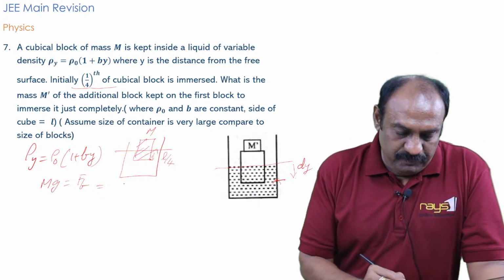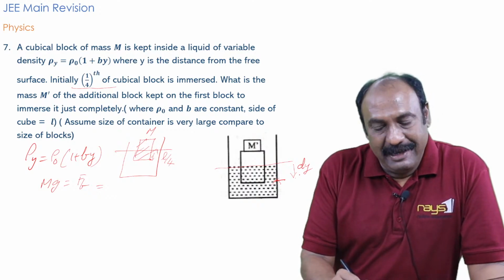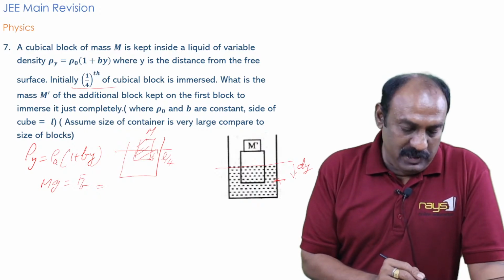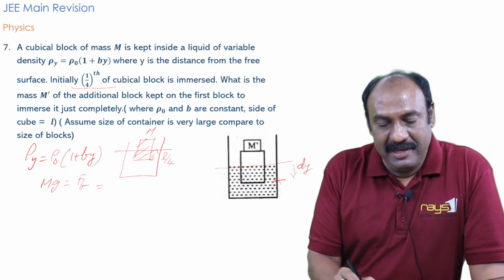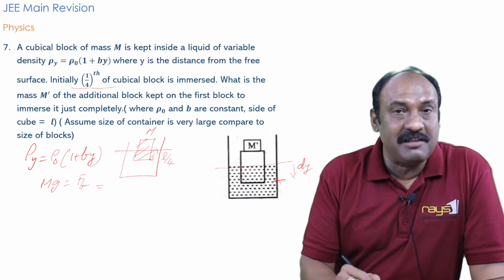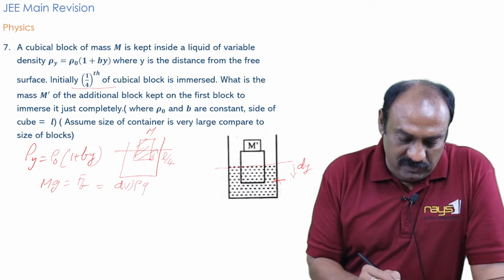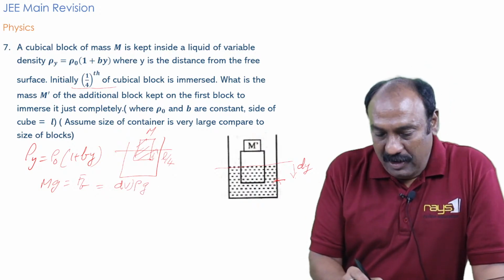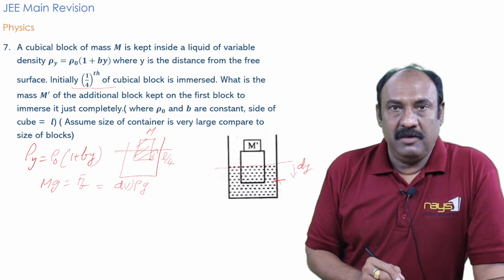When we go into a small depth dy, the variation of density is known by using this relation. So if the area of cross section of this block is A, then it is dV into density into g. That will be the buoyant force on the small elemental strip.